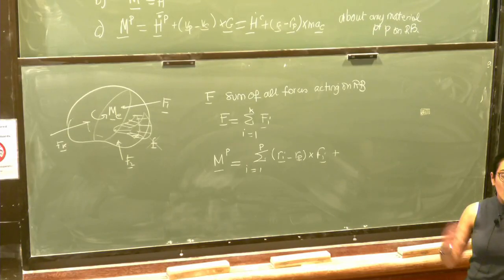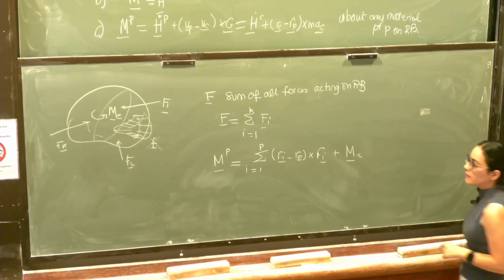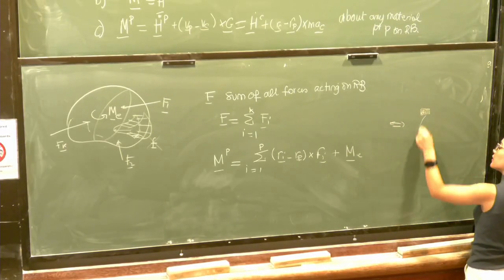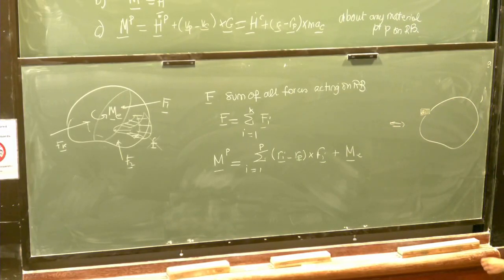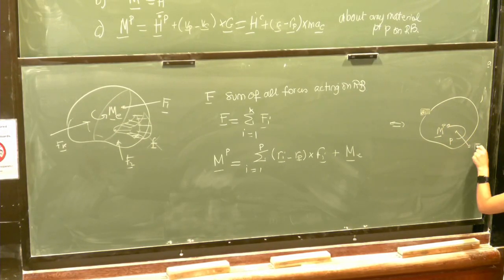Yes, any couples. So from this system, I can find an equivalent system that looks like this: some point P with a couple MP acting on it, and the resultant force F.